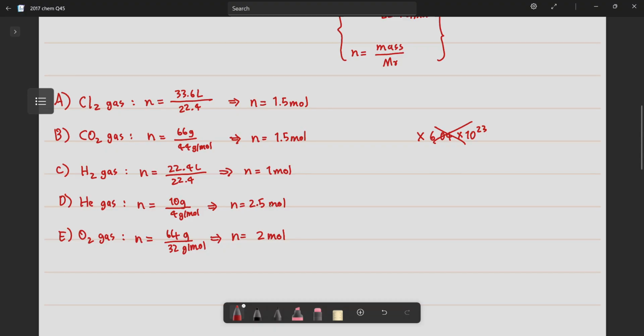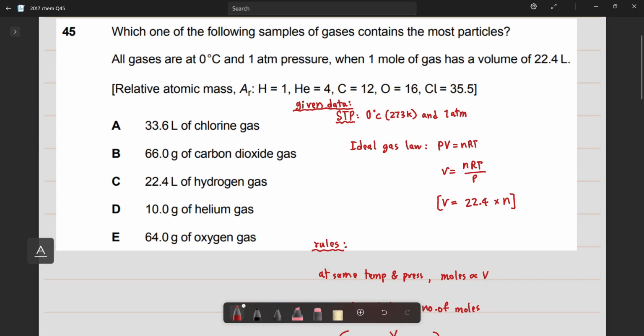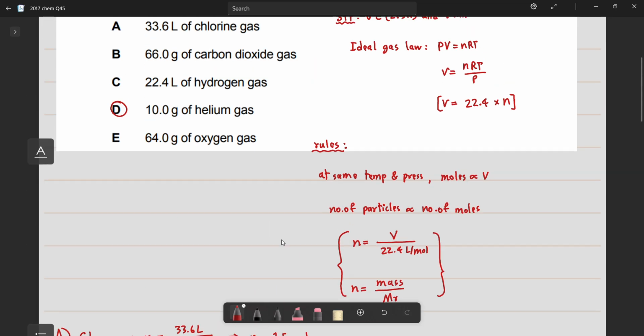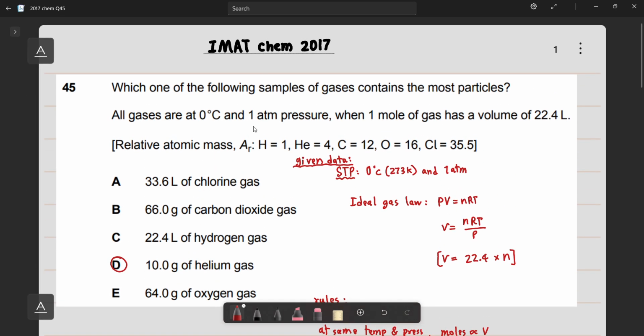Helium gas has the highest, at 2.5 moles, which is greater than the moles of any of the other gases. So this is the greatest number of particles, and our correct option is option D, which is 10 grams of helium gas. That's how we solve this question.